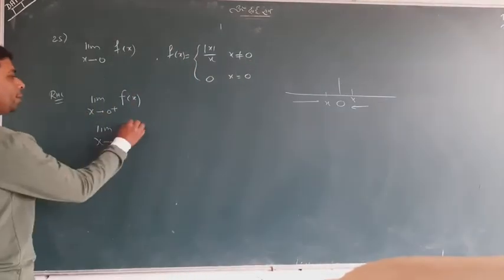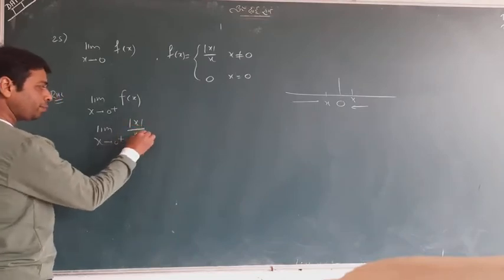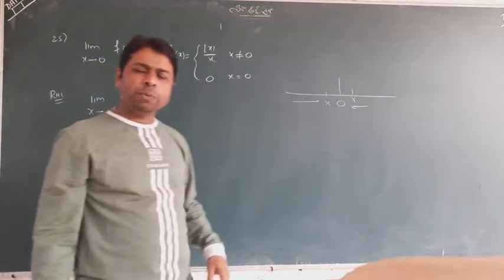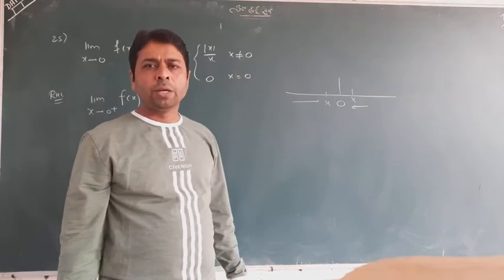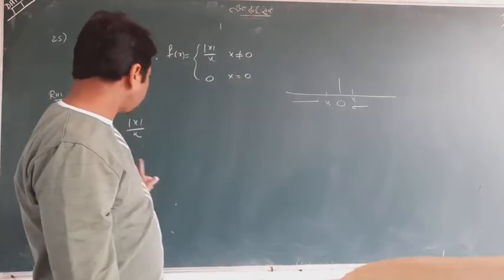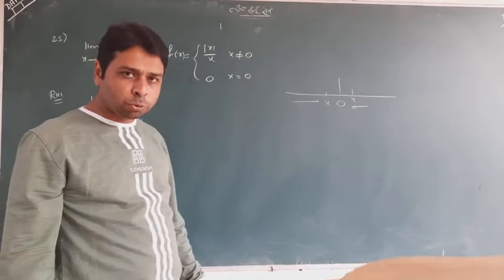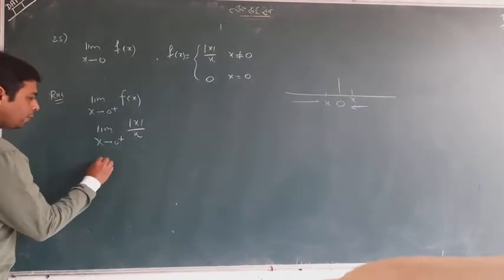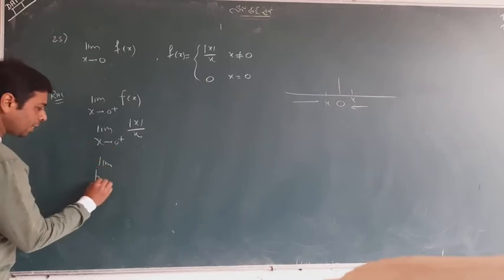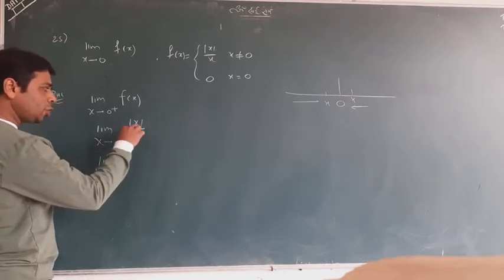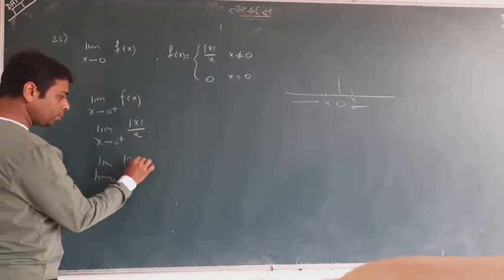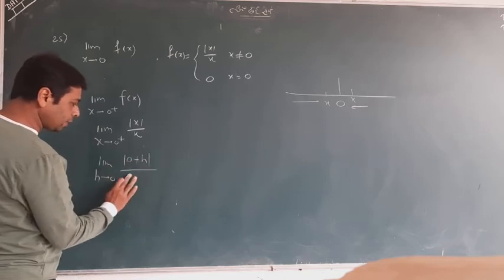So this is right hand limit. So function will be taken the same. Not telling you the deep meaning of modulus function. I think it is enough to study as I'm teaching you. We have two different methods, but I'm telling you the one which is easy for you. Okay. So I'm first changing x to h, h tends to 0. Instead of x you write 0 plus h, and it is also 0 plus h.